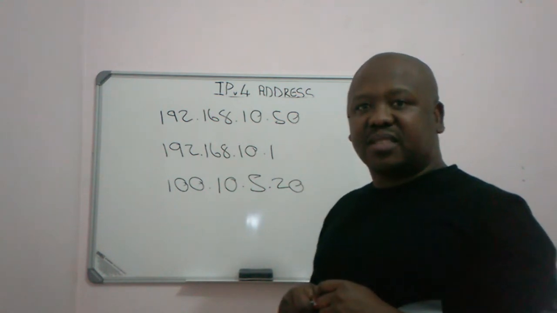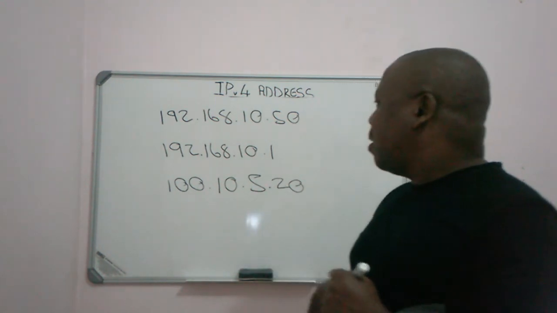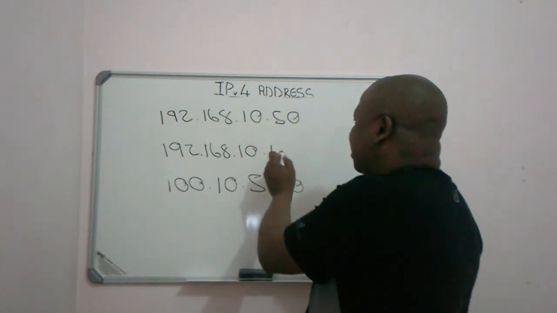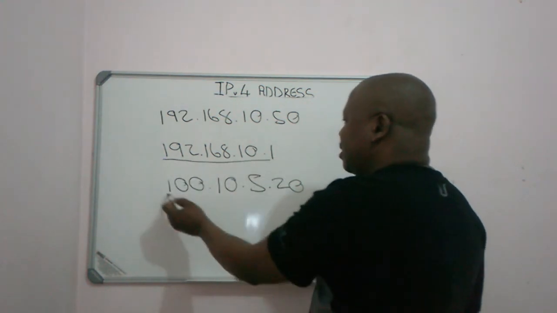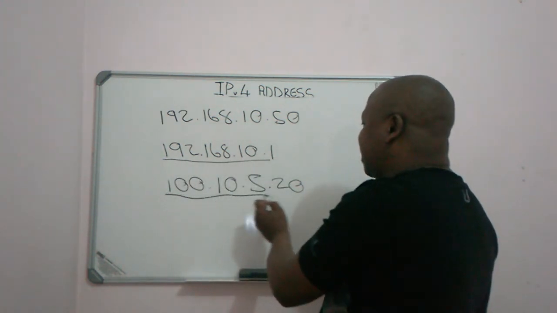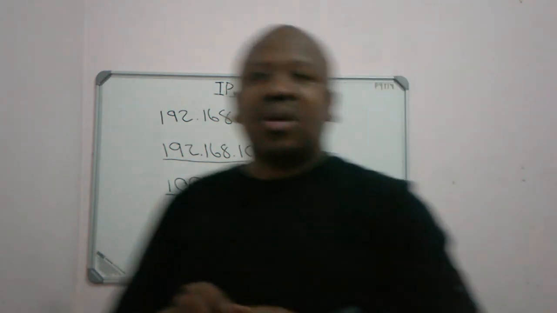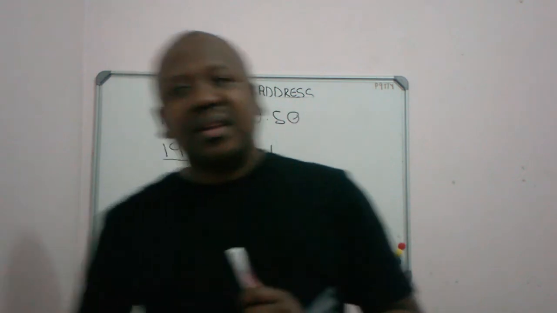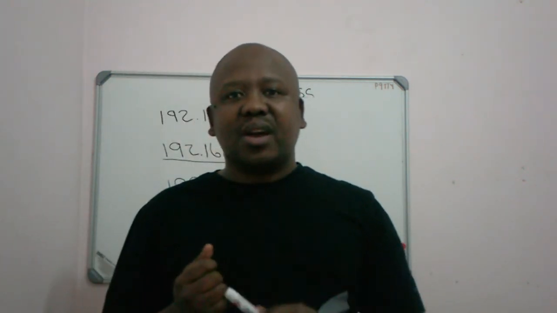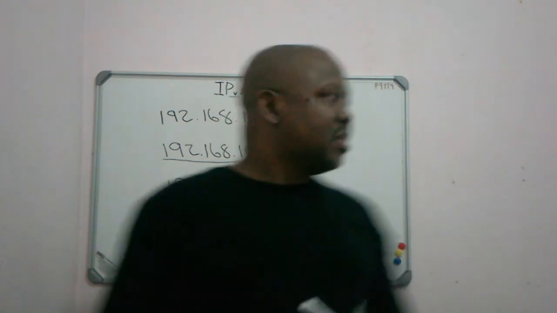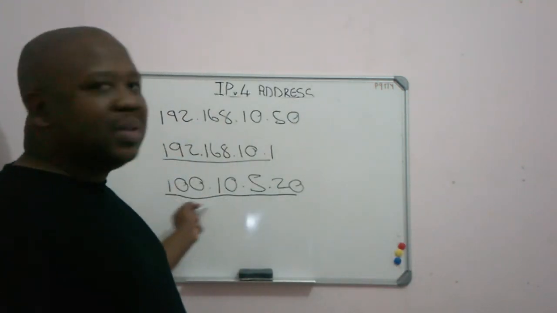As soon as I want to access the internet, the NAT will translate this IP address into 100.10.5.20 when it goes out of my network. And the network or the site that I want to access won't see my private IP address, but it will be seeing my public network address.